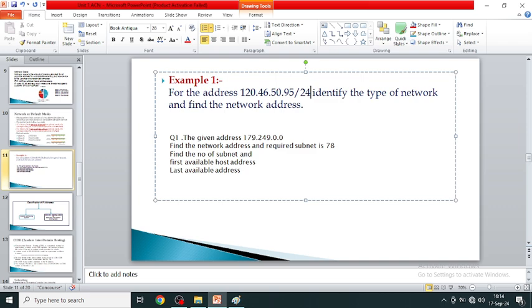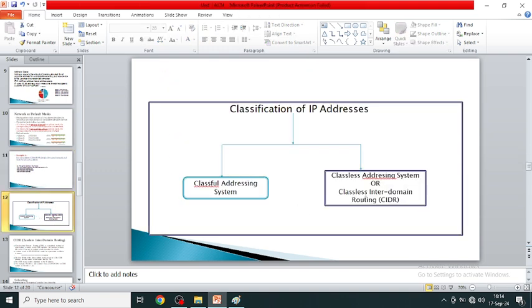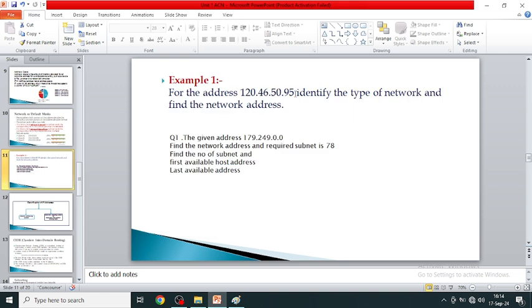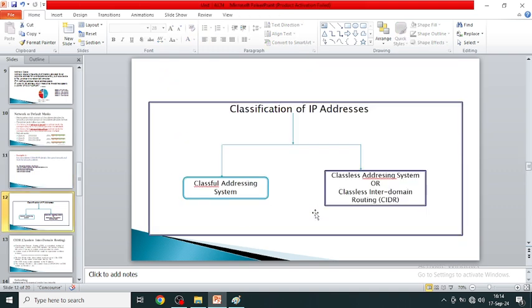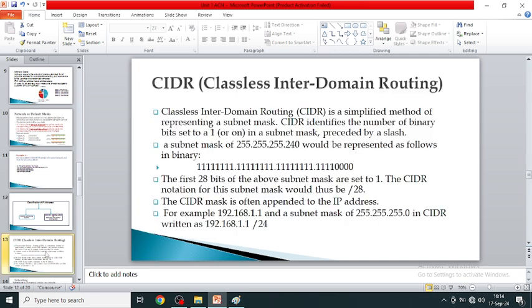In classless addressing, the only difference is mentioning a slash with some value. How they are used and what the use of that is, we'll discuss here.